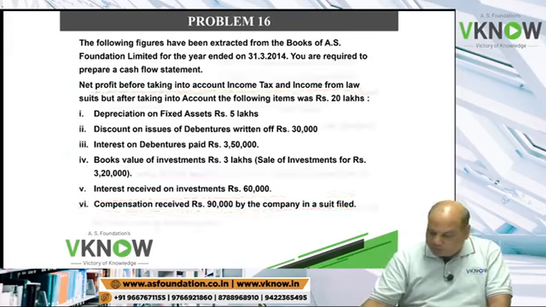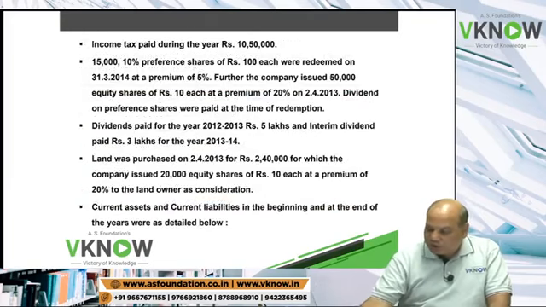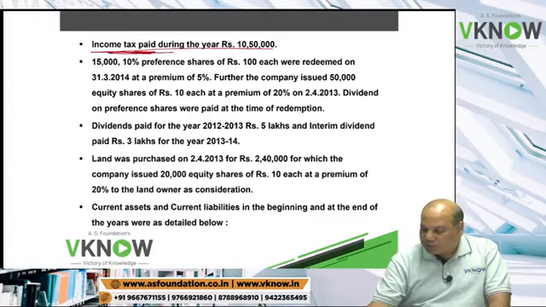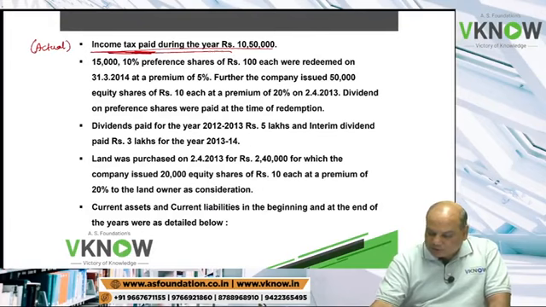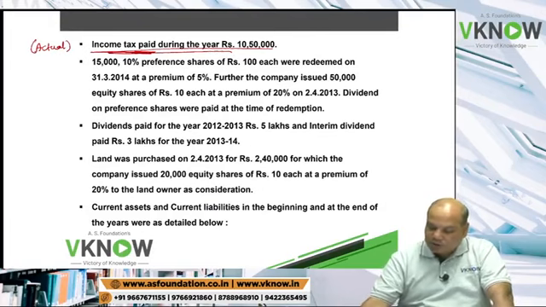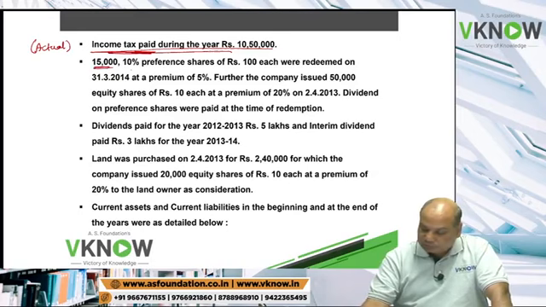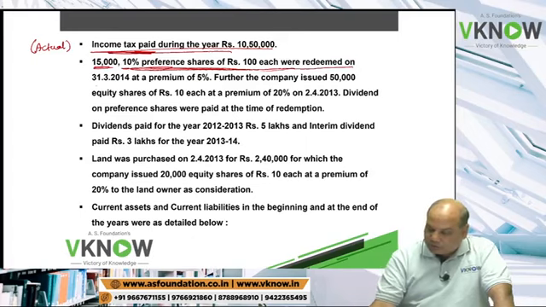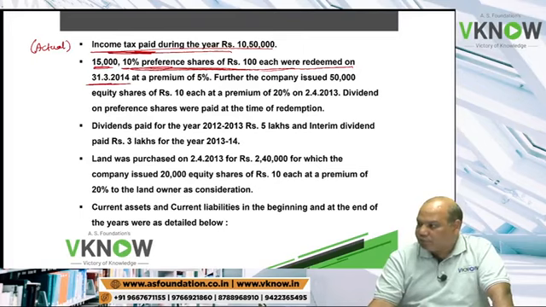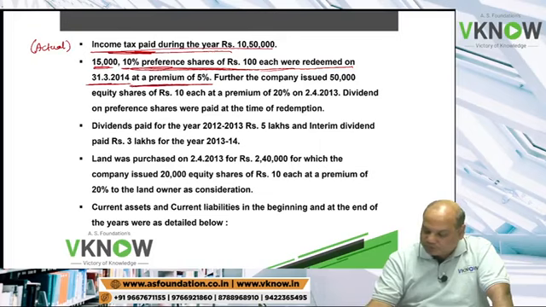Now what is the next point? Income tax paid during the year. So this is the actual tax paid. You simply write it in operating activity, the last second item. 15,000 10% preference shares of rupees 100 each were redeemed on 31st March 14 at a premium of 5%.